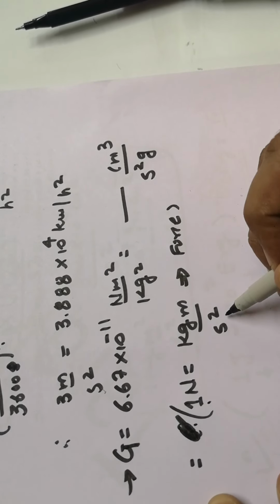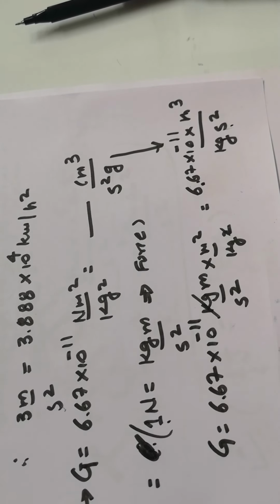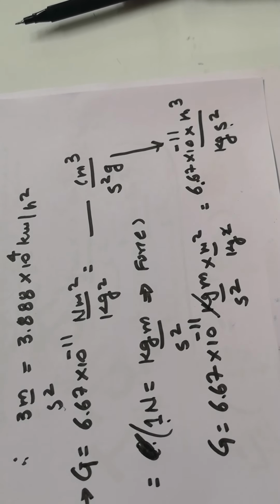Now it is meter cube, second square, kilogram, gram. So always have a habit: whenever there are such extra units, they are called derived units. You are aware of fundamental and derived units. Always convert them to our standard MKS or CGS. Now it is quite easy for you to convert all those things.